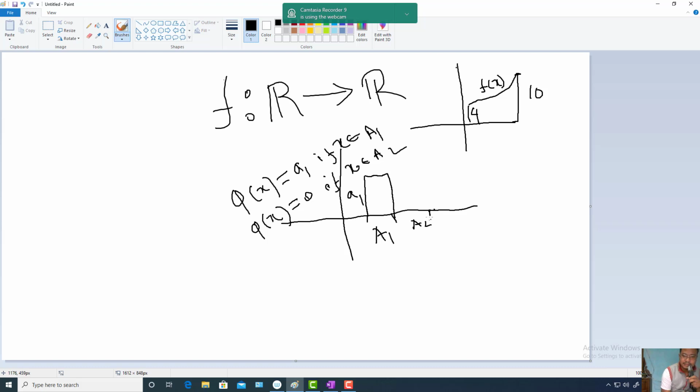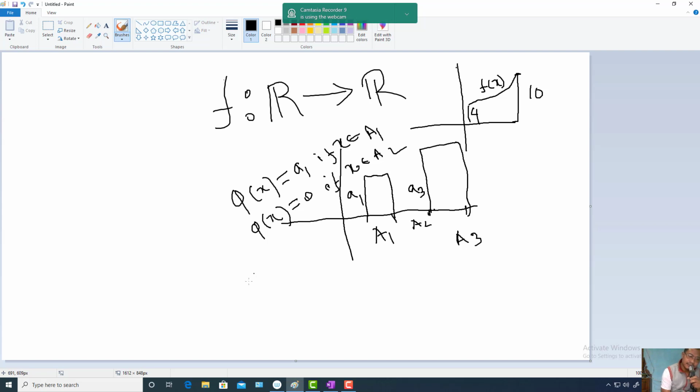Then suppose this point we include in the next set, A3. From here to here, including this endpoint, is set A3. At these points the function takes the value a3, that is, this height is a3.